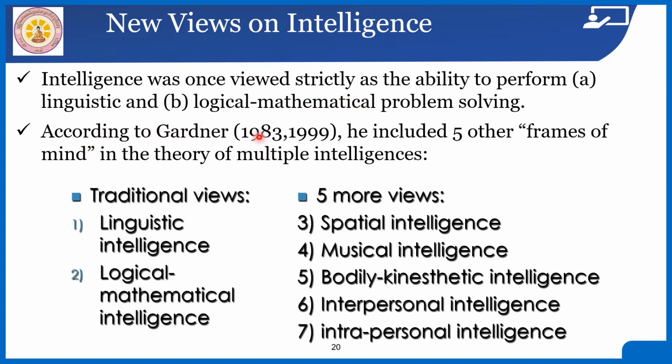According to Gardner, 1983 to 1999, he included 5 other frames of the mind in the theory of multiple intelligences. So look together at the traditional view and 5 more views. That means before the 21st century, from the 20th or 19th century, some scholars had the traditional view of intelligence. The first one.